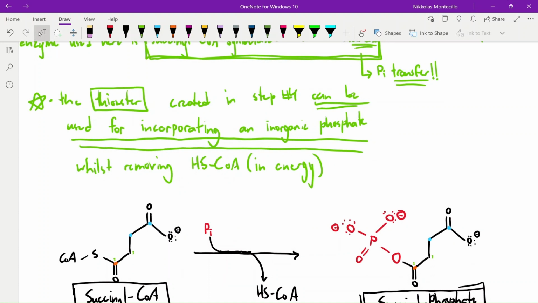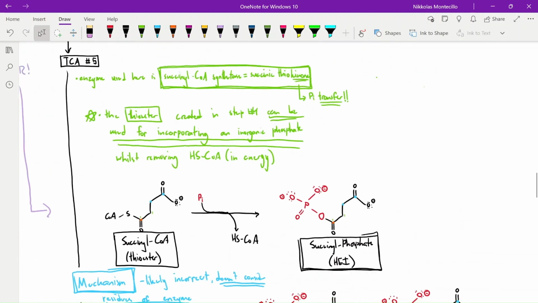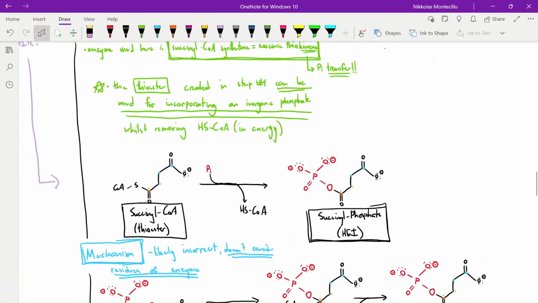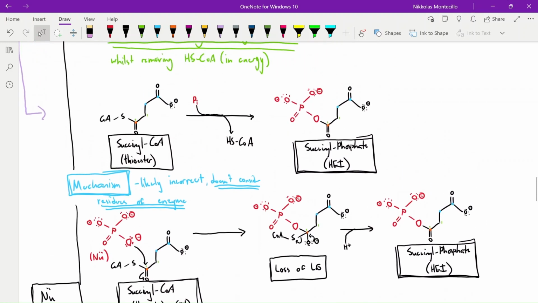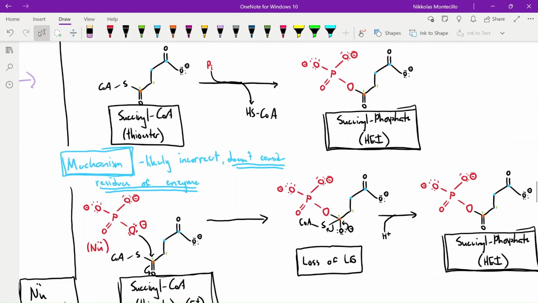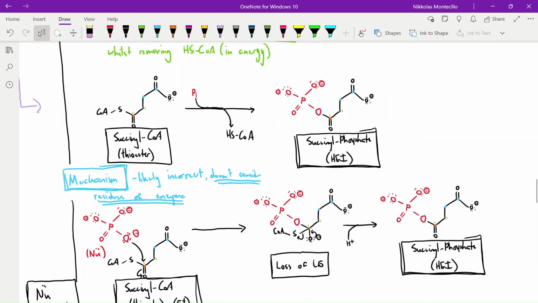Succinyl-CoA, a thioester, will form succinyl-phosphate, another high energy intermediate. Now, this is what I believe to be the proposed mechanism. This is likely incorrect because it doesn't consider, not necessarily the prosthetic groups, but more generally the residues of succinic thiokinase, or the enzyme, right?